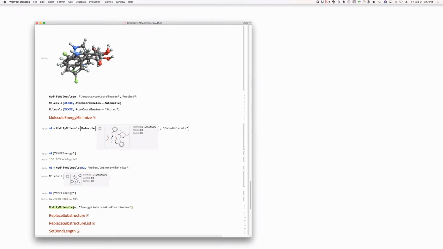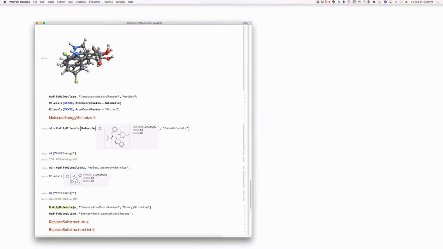I would have thought it would have been something more like modify coordinates, whatever we're going to call that, and then the particular method is energy minimize. Okay, well, that's fine. I mean that will work fine. If you're prepared to have that there, then this would become just purely energy minimize.